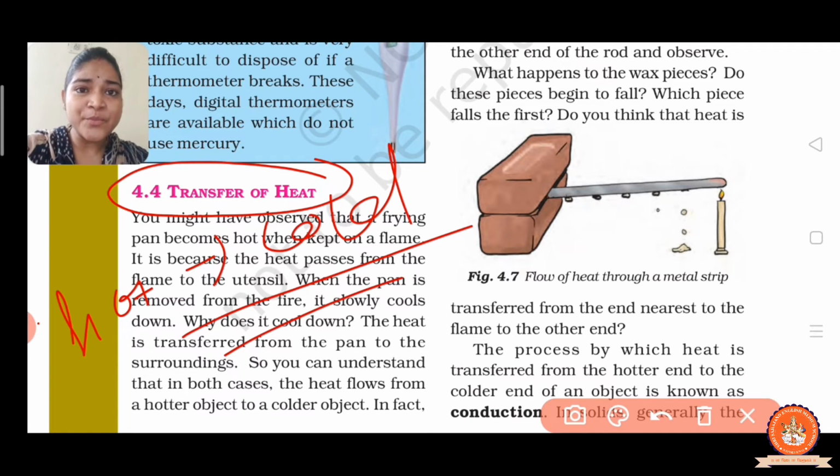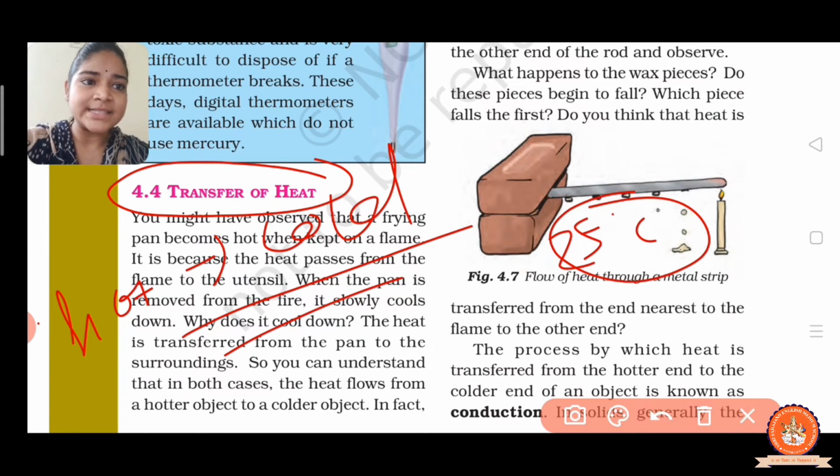Right? If both objects' temperature is, suppose, 25 degrees Celsius, the heat cannot transfer to each other. At that time, their temperature is in equilibrium.